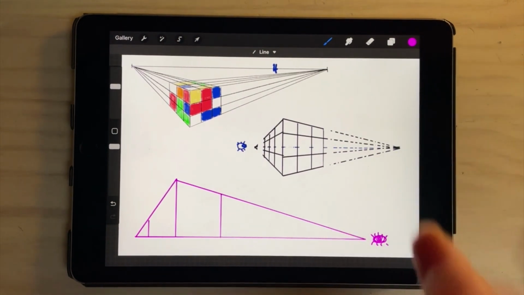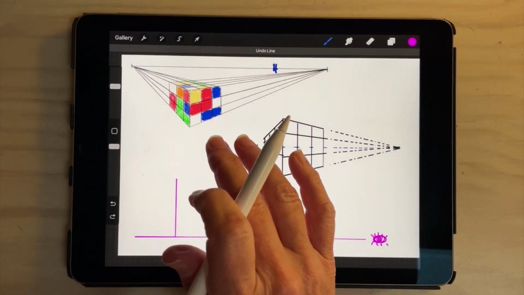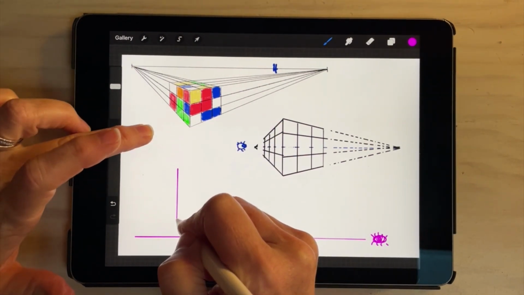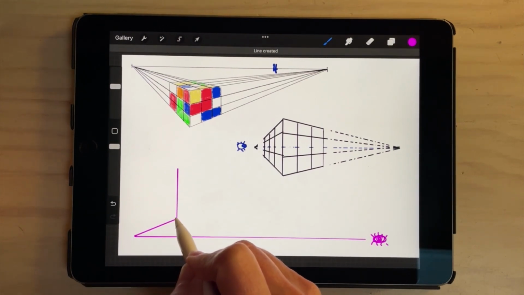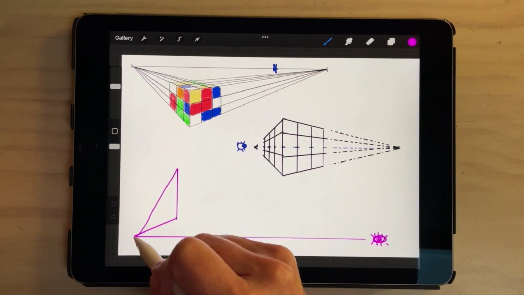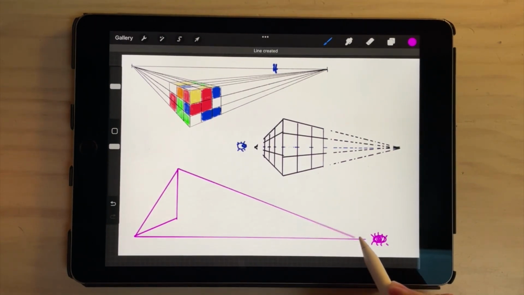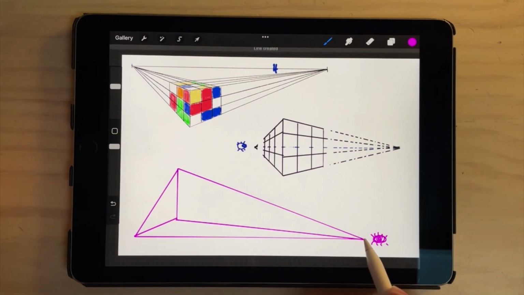And if we were looking from underneath, say it was suspended in mid-air, then we could actually end it further up. So we could say, let's just say this is the closest corner and say it is dangling in mid-air. Then we've got this situation. So where we go like this and like this, joining to the horizon line, the vanishing points on each side. Like that and like that.